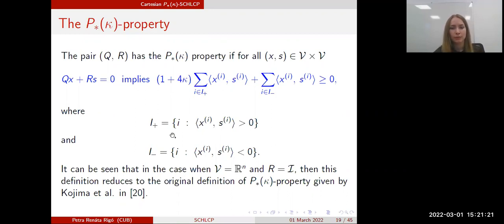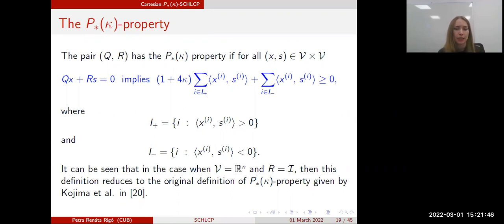And we can see somehow positive weight here in case of those indices that are in this I plus. So if we want to think of the more specific case, so when V is R to the power of N, and if we also substitute here instead of R the identity map, then this will reduce to the standard definition of P star kappa matrices that were given by Kojima et al.